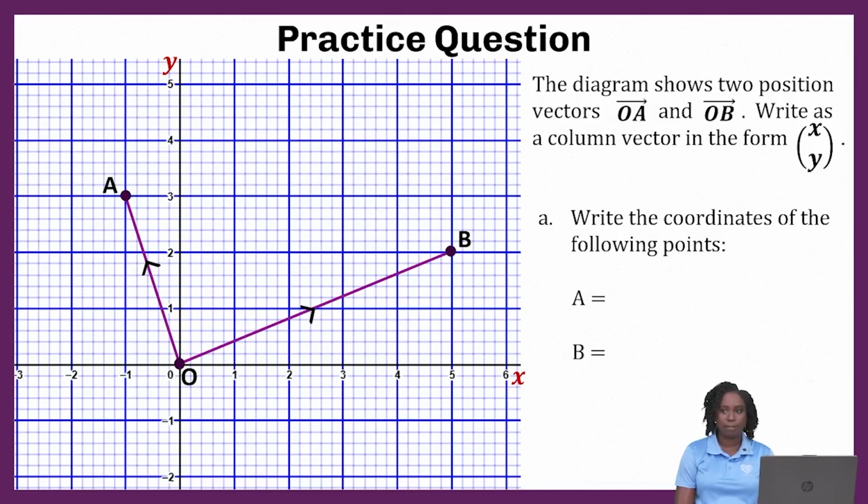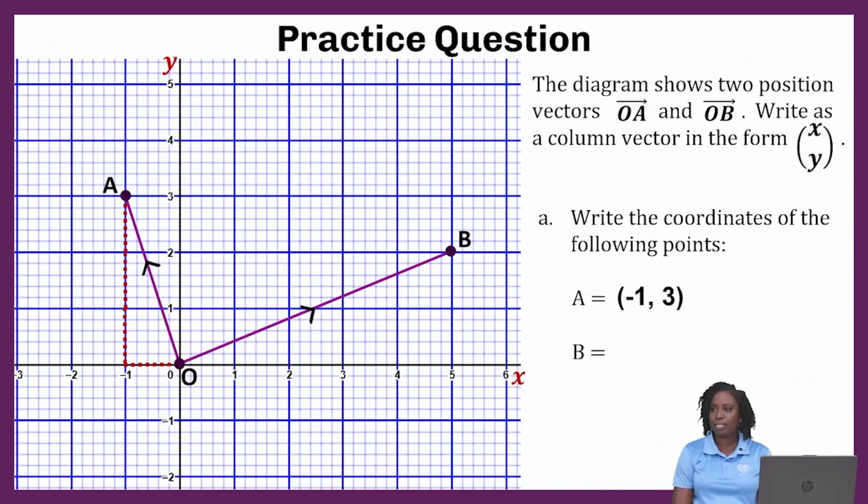So we need to figure out what's the location of point A. And so let's begin. We'll start from O, because O happens to be our origin, which is (0, 0). And we'll move to the left 1 and up 1, 2, 3. So we went to the left 1 and up 3 places, and so our coordinate is going to be (-1, 3).